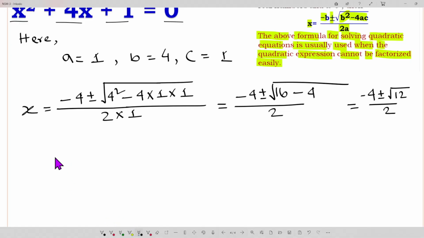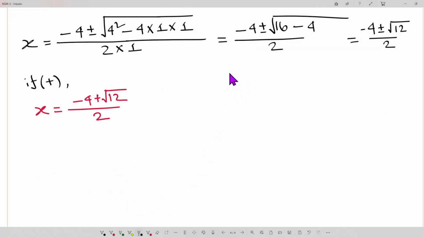So here now we can write, if positive, then what will happen? x equals minus 4 plus root over 12, divided by 2.